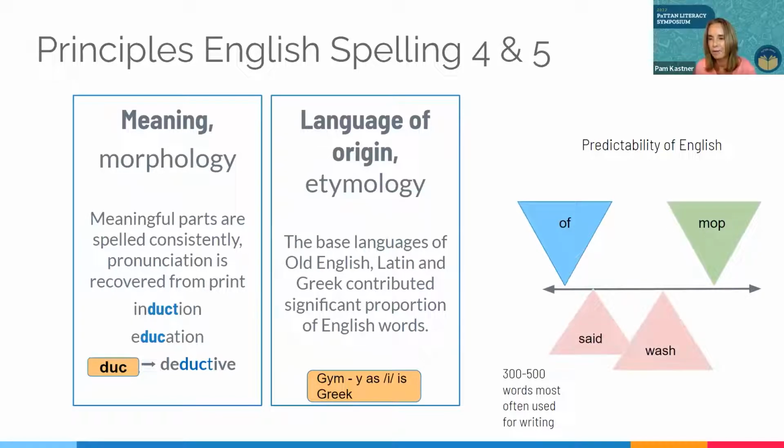And our oldest words from the Anglo-Saxon, Old English, those words oftentimes are the ones that are a little bit trickier. Their pronunciation has shifted over hundreds of years. And so that's what makes it sometimes challenging. But of course, we always want to be teaching those words and all words with letter sound correspondences so they can be orthographically matched. So those are the 5 principles of spelling, and I really want you to try to hold those in your memory because we'll be coming back to them as we analyze these spelling samples that you'll see.